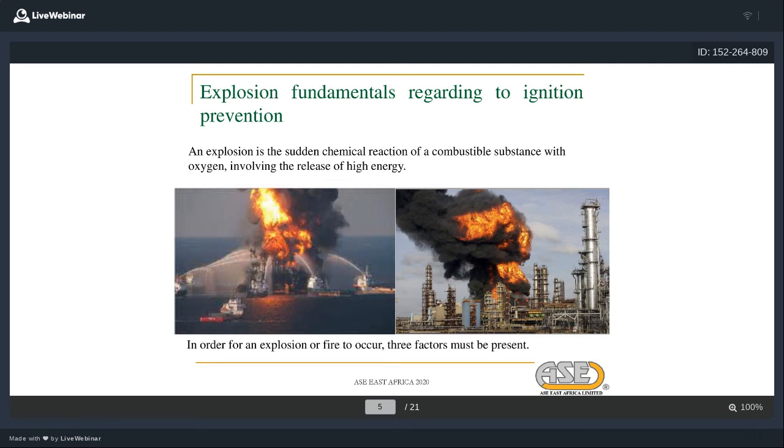So in order for an explosion to occur, three factors must be present, but these two factors, flammable substance and oxidizer, must be in sufficient quantities. So when we are talking about flammable materials, what are these flammable materials? Flammable materials can be gas, liquid, or solids.